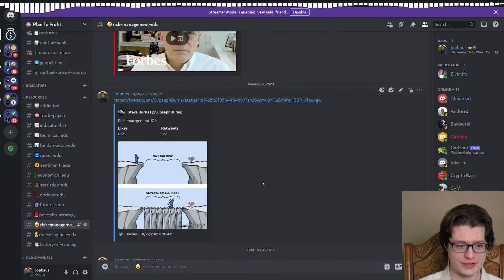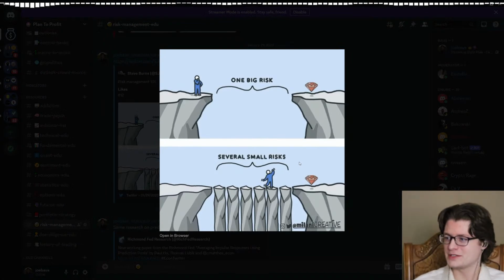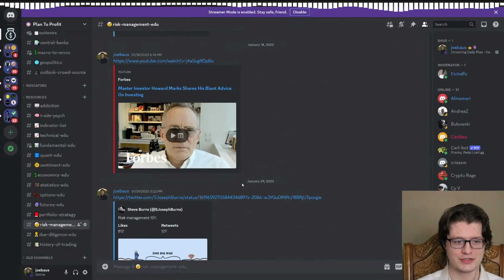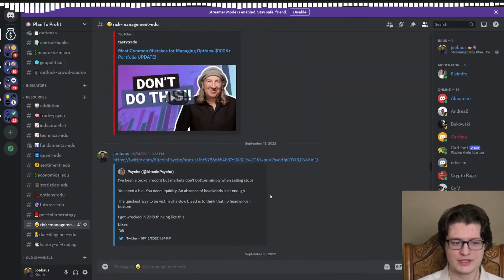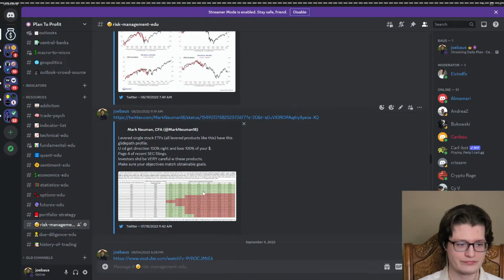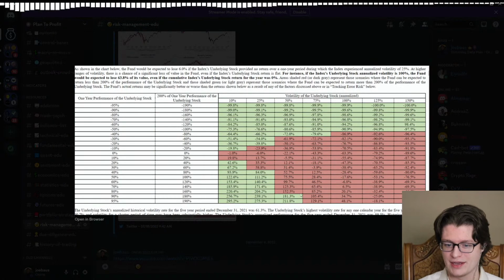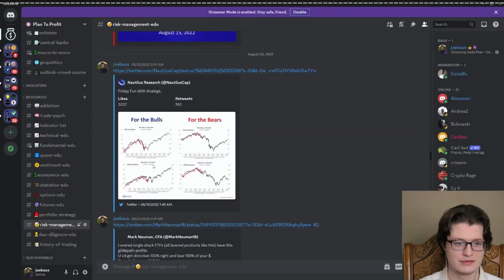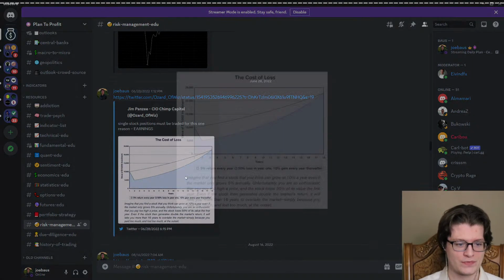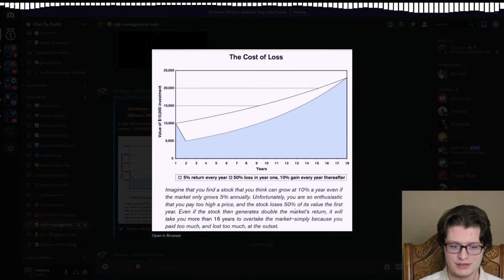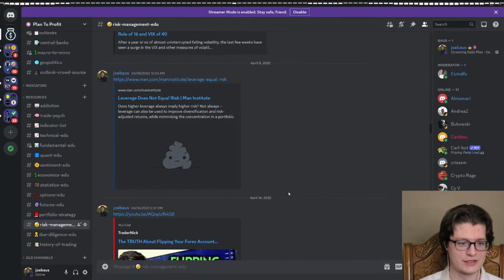Look at all this stuff. This is what I'm talking about. It's all this sort of stuff. You just scroll up and up and up. And I've been posting in this chat for so long. Look at that. This is an actual percentage breakdown of how much you lose, for the Bulls, for the Bears, the cost of losses, volatility drag, all that kind of good stuff.